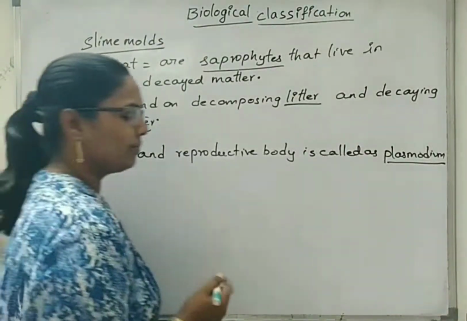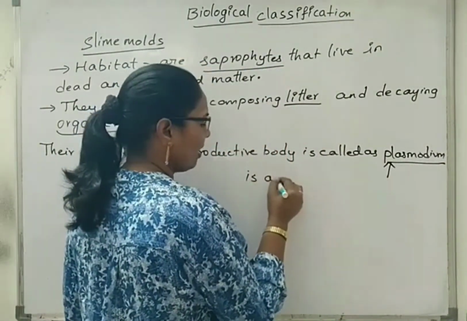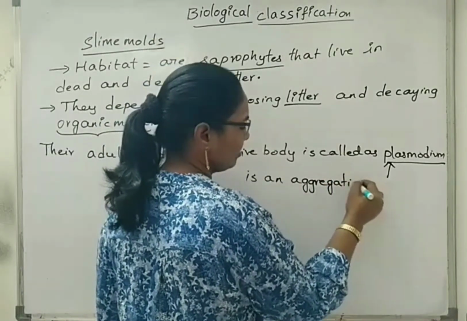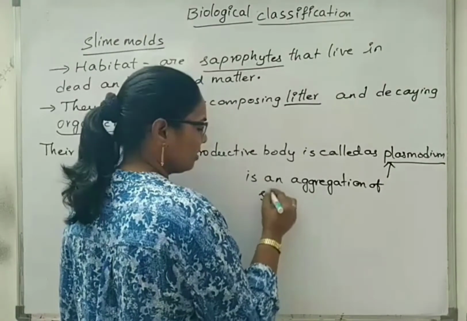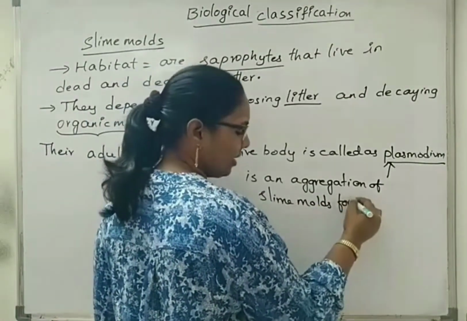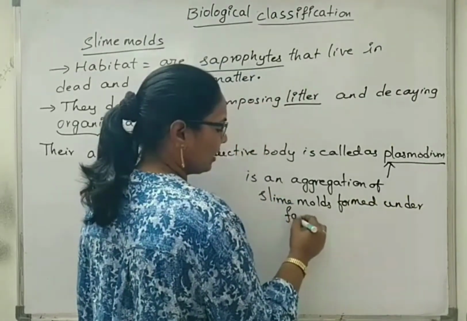Now plasmodium is an aggregation of slime mold formed under favorable conditions.